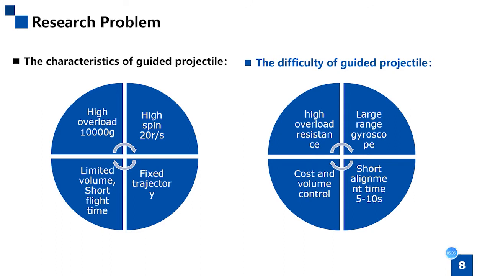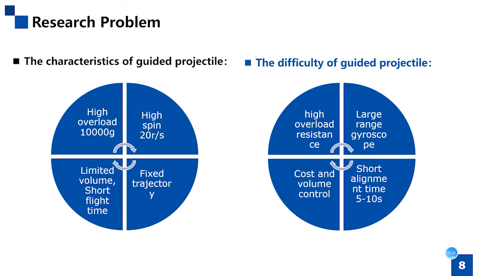Then the volume of the projectile is extremely limited, and the total flight time is probably 200 seconds. Meanwhile, the rotation speed of the projectile is high, for example, 20 revolutions per second. Finally, the trajectory of the projectile is relatively fixed.